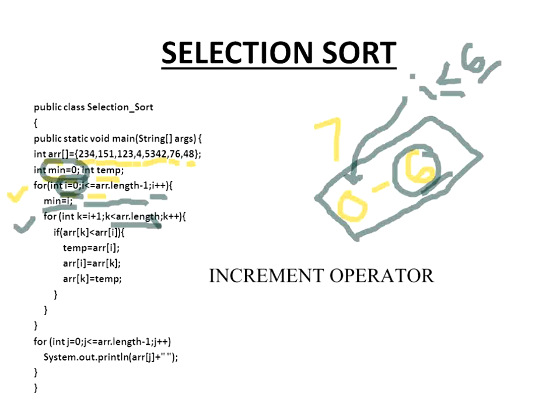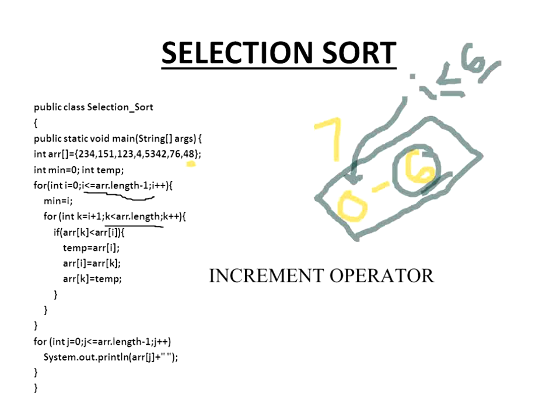Now you see, we have another loop: for int k = i + 1; k is less than arr.length. Now here you see the difference. In this loop, the value is less than arr.length.